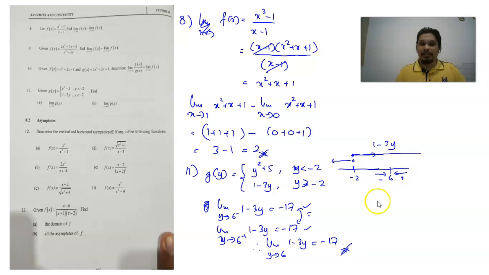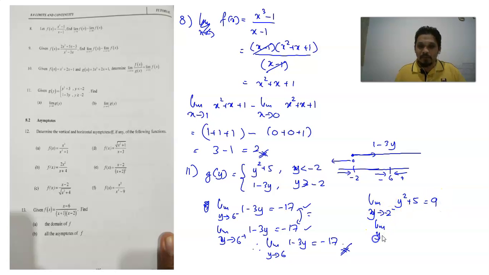Now the limit as y approaches negative 2 from the left. Which function is related to this? y less than negative 2. So y approaching negative 2 from the left, this is the one which is y squared plus 5. Substitute y with negative 2. Negative 2 squared is 4. 4 plus 5 equal to 9.